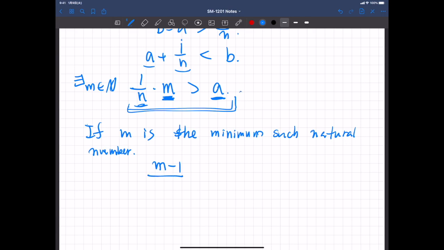So that is, m minus 1 over n is less than or equal to a. Right?